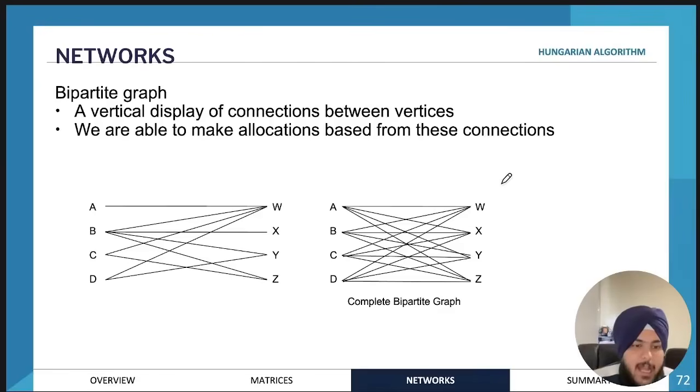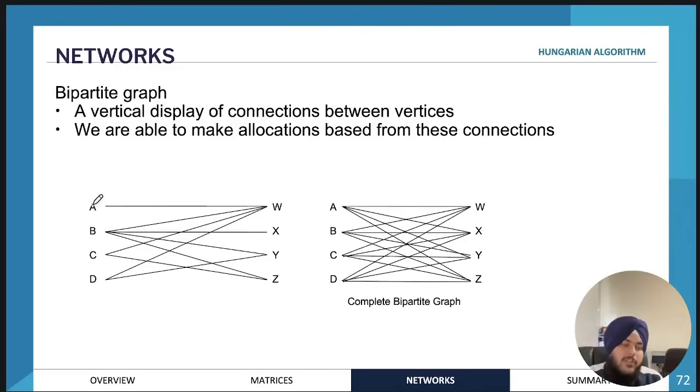So essentially, what you would need to work out is what would be the best allocation such that we complete the project in the minimum amount of time. And that is what the bipartite graph can be used for. These are very simple bipartite graphs.